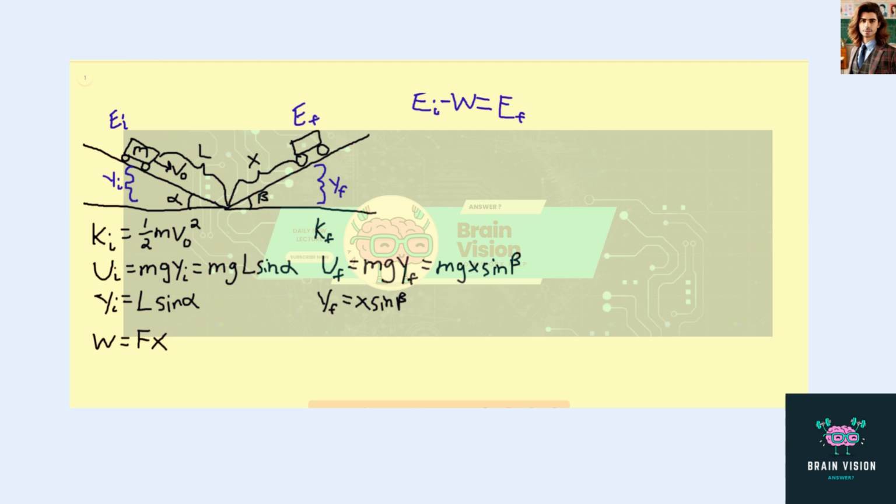So we need to figure out, well, what is the force of friction? Well, the force of friction, if you remember, and I should actually put a little subscript F so that we know we're talking about the force of friction in this particular case, is just the coefficient of friction, which we're given as mu, multiplied by the normal force.